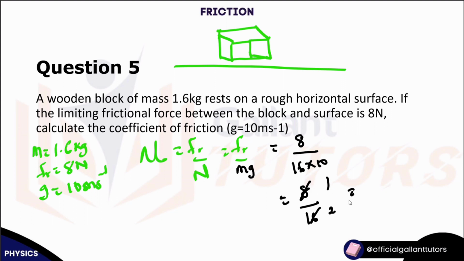So 1 divided by 2, which is 0.5. 0.5 what? What's the SI unit? No SI unit. I told you that. So our coefficient of friction is equal to 0.5 without any SI unit attached to it because it's dimensionless.